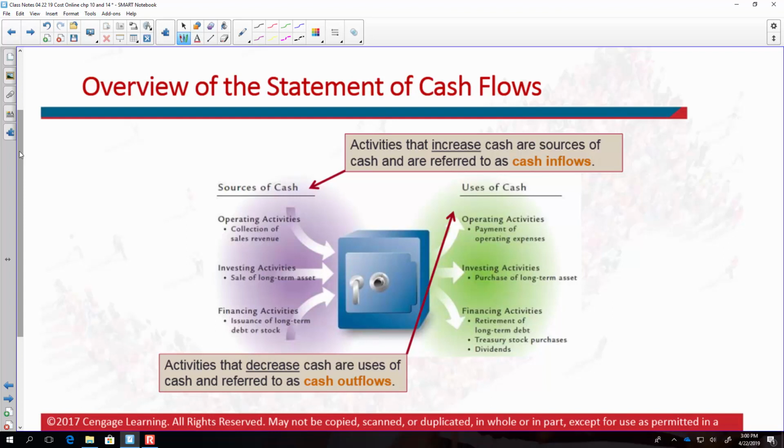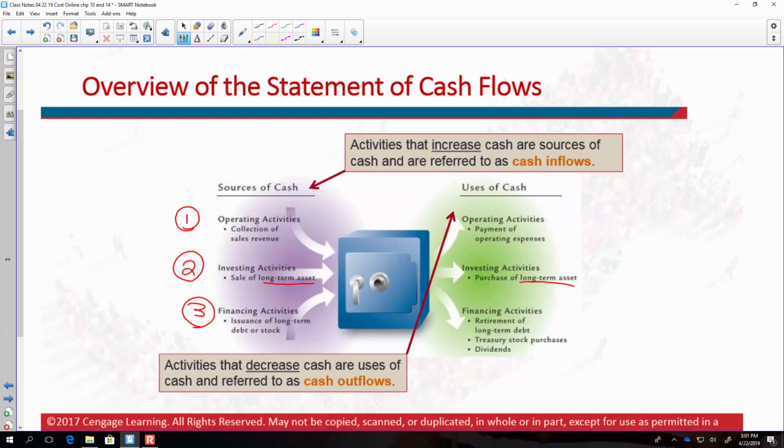So there's 3 sections here: operating, investing, and third, financing. Most of the information required is in that operating section, and investing happens around the sale or purchase, right, of long-term assets.